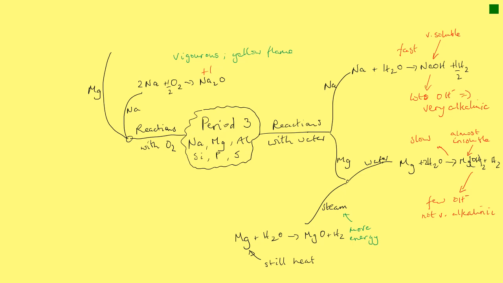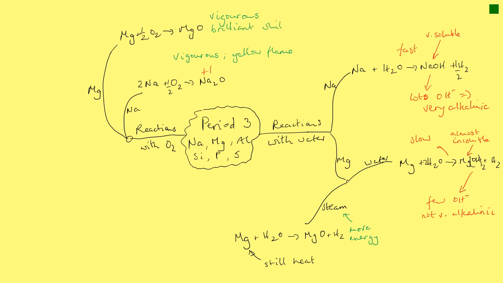So we can do the magnesium reaction up here. So when we react magnesium with oxygen, you get magnesium oxide, also very vigorous. So this is the one you might have seen in class when you put the little tints in front of your eyes, so your eyes don't get hurt by the brilliant white flame.